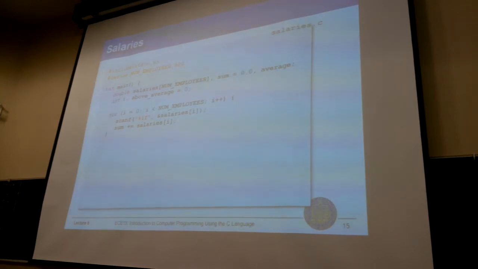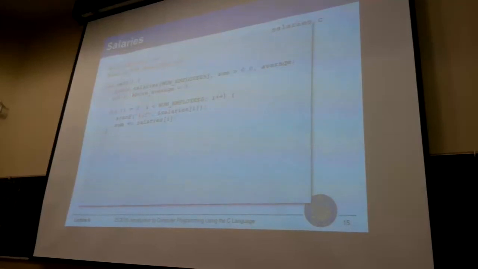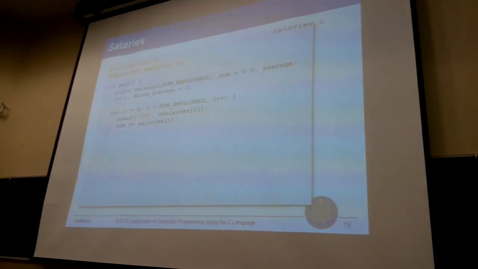Again, this is a short program, so it can fit on the slide. If you were to actually write up this program, you'd want to provide a better user interface. Here we're not even telling the user what the program does, but the code logic is still correct. So here, at each iteration, we're setting an element of the array, and then we're adding that input salary to sum.